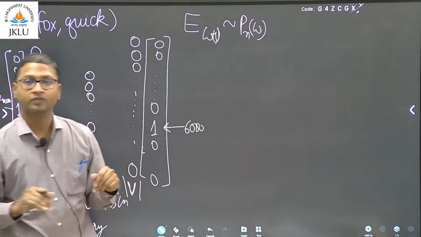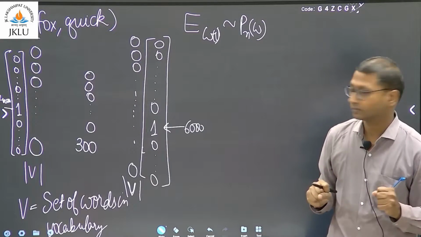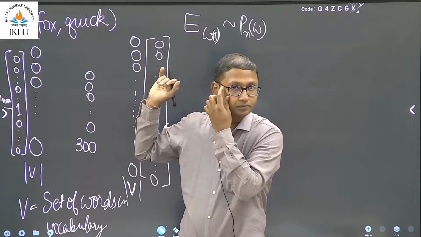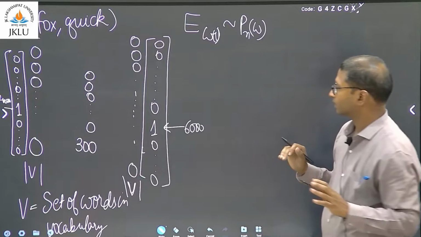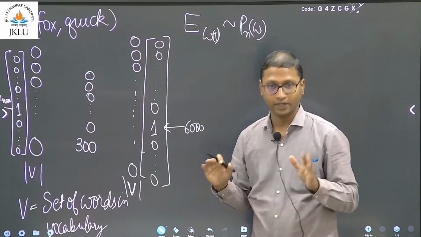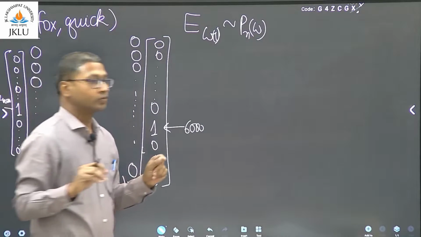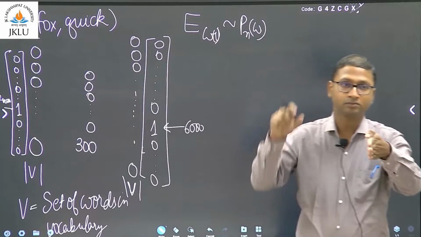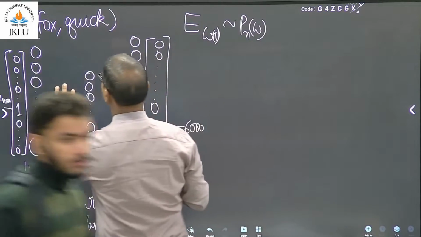What was the cost function for this architecture? So we wanted to compute the probability of target word given center word.